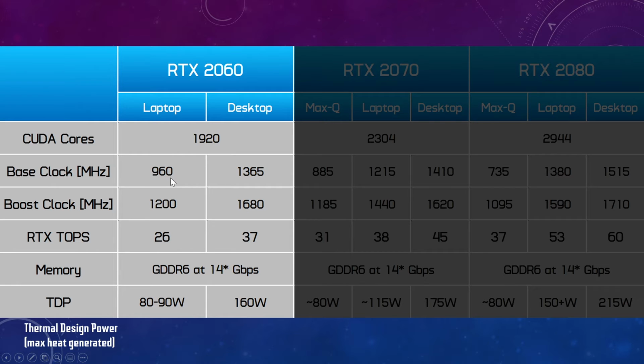It uses less electricity, it generates less heat, its maximum speed is lower, its RTX ray tracing performance is lower, it has similar or the same memory, and then its TDP, which is thermal design power usually. It's just the most heat this thing's going to generate. It's going to live in this area. And you see it has to be just about half of the desktop to live in a laptop. But having a 2060 in a laptop means you can run a VR headset with it. So that's pretty good.